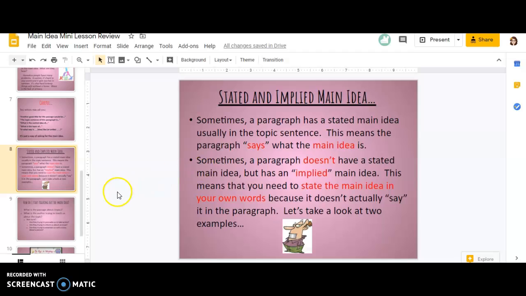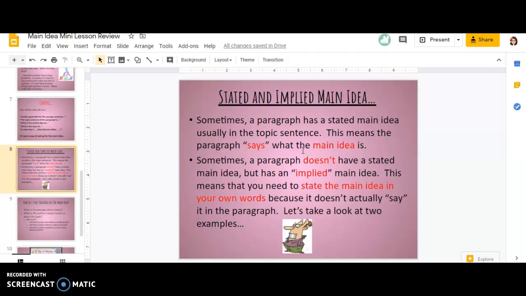So, more often than not, in readings that we're going to be doing in 7th grade, 8th grade, on up throughout your life, the main idea is implied. Well, implied means that it's not clearly stated in a topic sentence. So remember, a stated main idea is when the paragraph says it, like the main idea is, or homelessness is a problem.